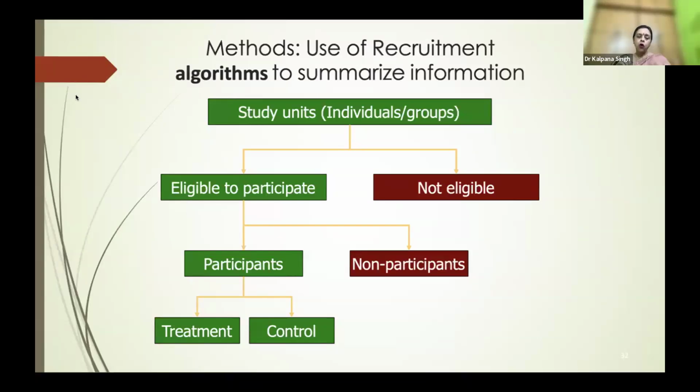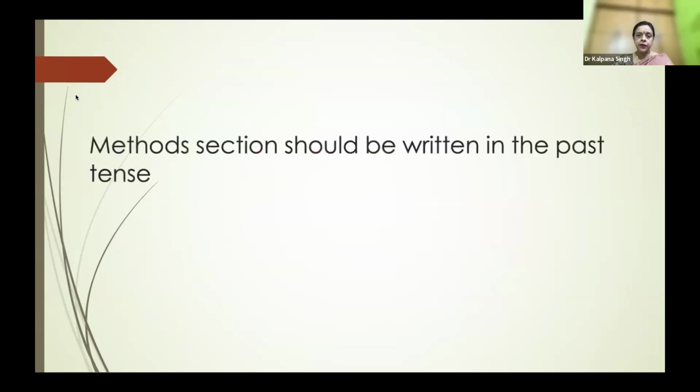We have to see all those who gave consent; they become the participants. Those who did not give consent were not included in the study. If it was a randomized trial, then the treatment or control group has to be defined. The methods section is always written in the past tense, but when we submit the synopsis, it is in the future tense.